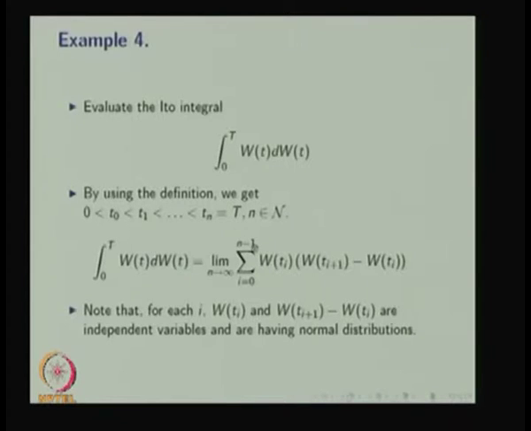Here the Ito integral is well defined because W_t, the integrand, is adapted and also mean square integrable. Therefore this is an Ito integral. So I(T) is the integral from 0 to capital T of W_t dW_t. But here the upper limit is a capital T, not a variable limit.